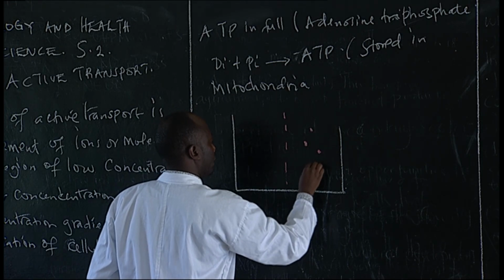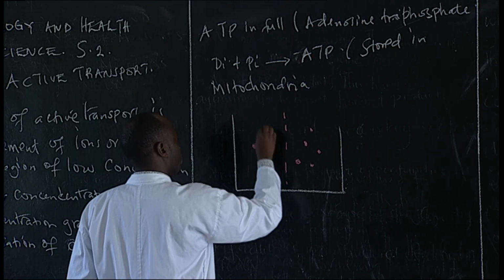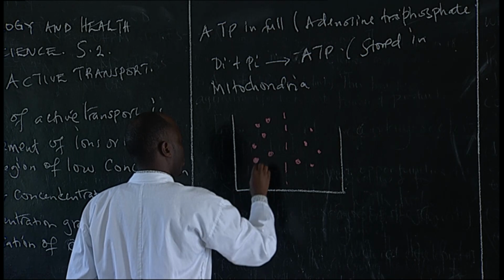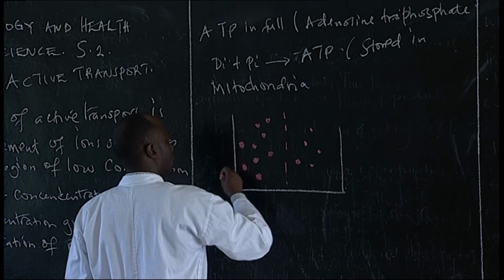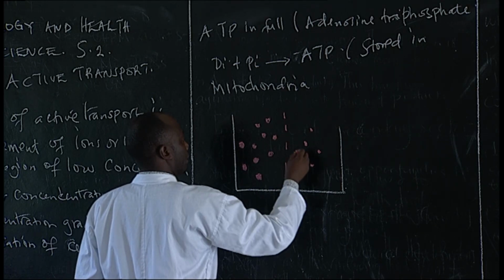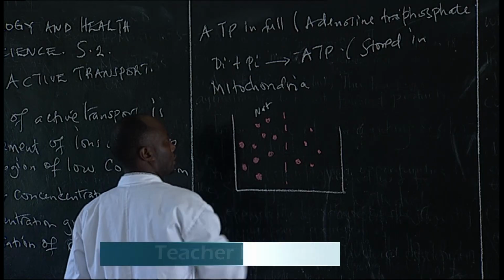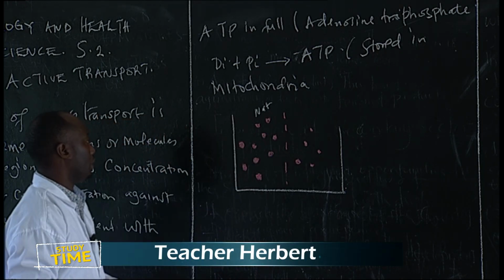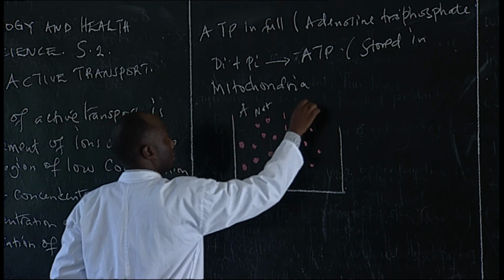On the right-hand side, we have fewer molecules, but here we have more solutes. Let me see, they can be sodium ions. Here, I have fewer sodium ions on that side. This is side A, and this is side B.